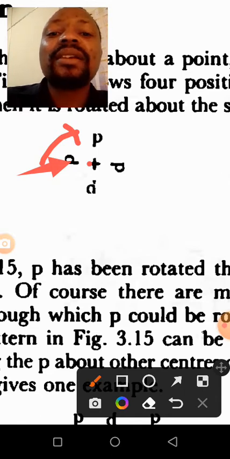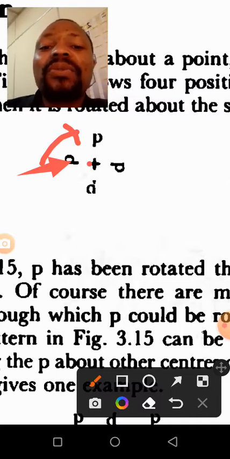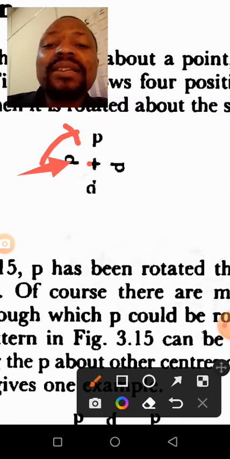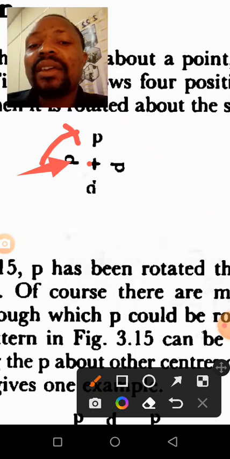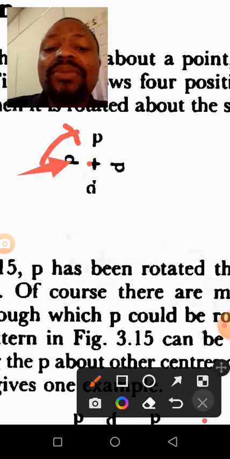You have to understand the angle of rotation and the point of rotation. Are you moving 90 degrees? Are you moving 180 degrees? Are you moving 360 degrees to get to the image? So that is what we are saying.